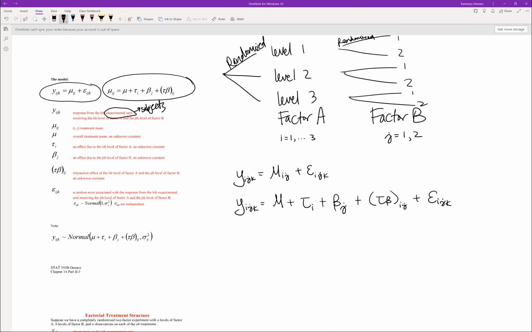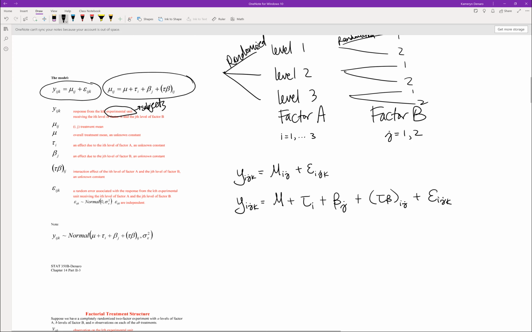Now, epsilon_ijk is the random error associated with the response from the kth person receiving the ith level of factor A and the jth level of factor B. Those are independent and identically distributed as normal random variables with a mean of 0 and a variance of sigma squared epsilon.